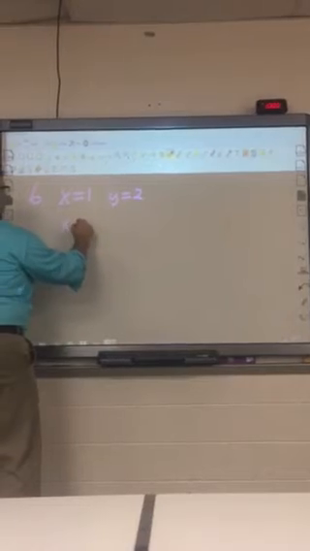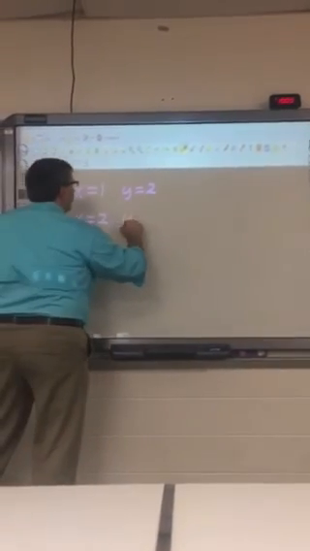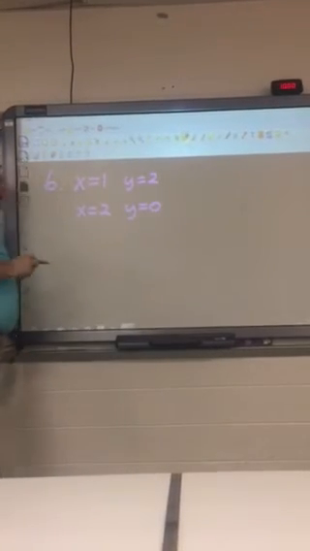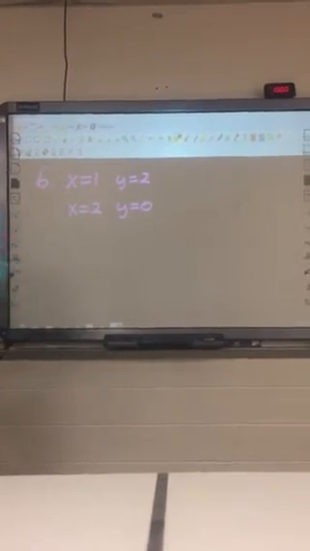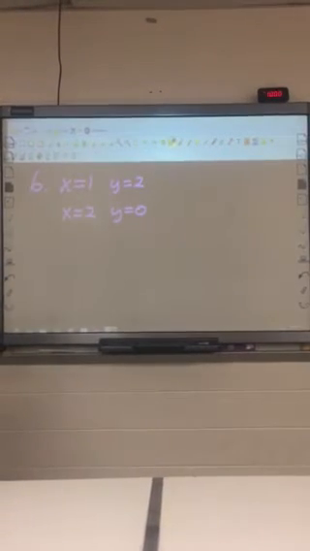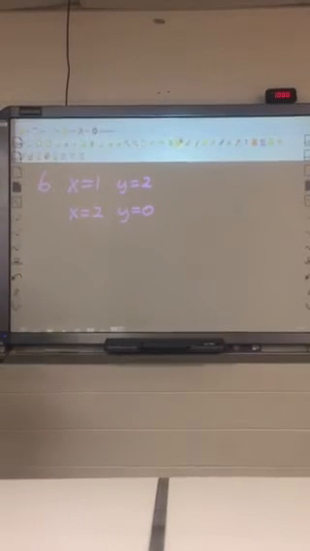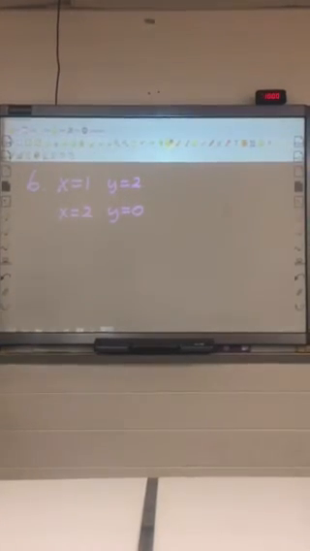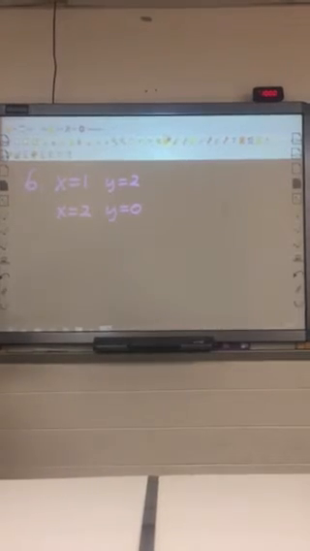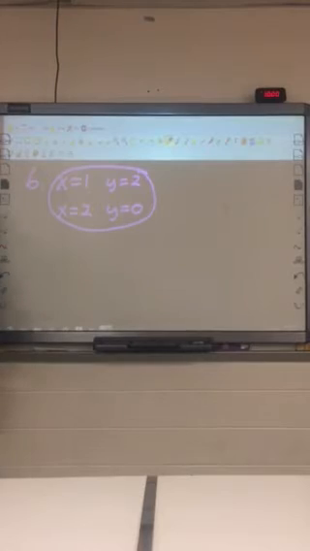Where x is 2, what does y equal? 0. So where could I go after I've plugged in each of these? I'll plug A into y1. Where can I go to find the answer? The table. I can hit second, y equals, and there's my table. I should be looking for those 2 values.